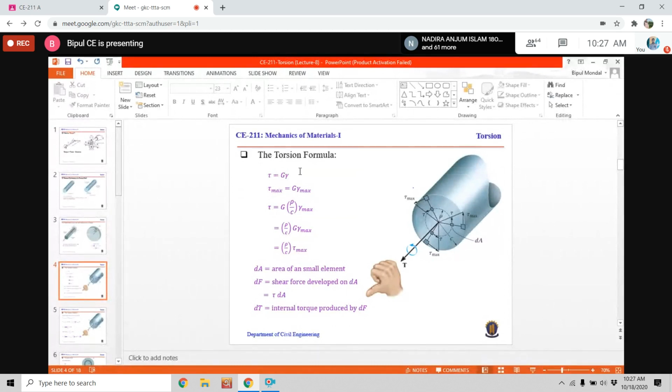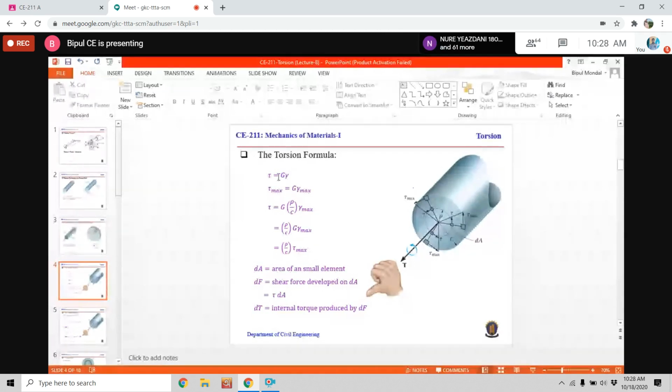In case of normal stress, we know sigma equals E epsilon, that means normal stress equals modulus of elasticity times strain.